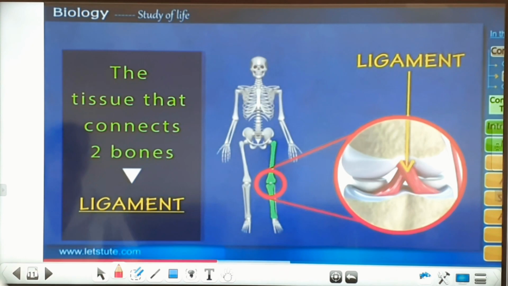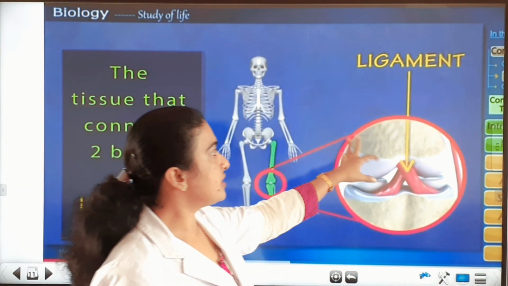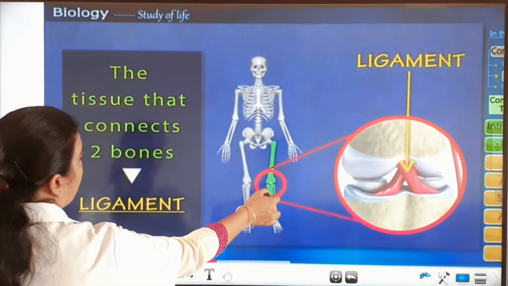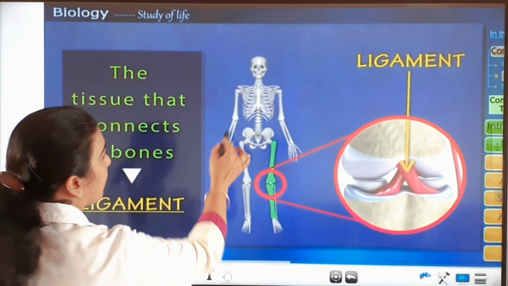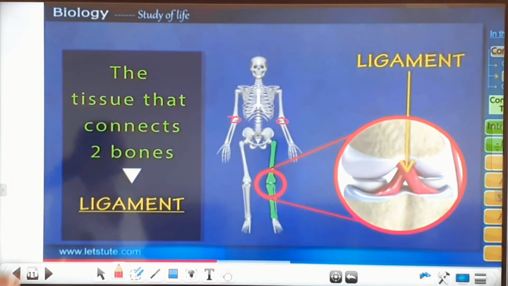And I will show you the ligament. You can see in lower limbs and upper limbs also there are some connections here. So the ligaments are there in between two bones.